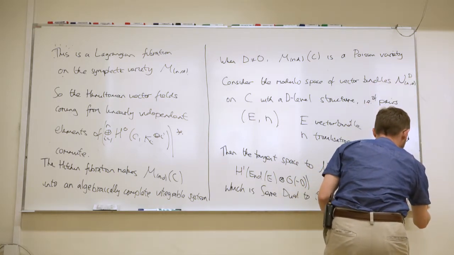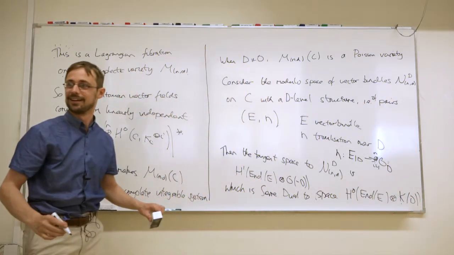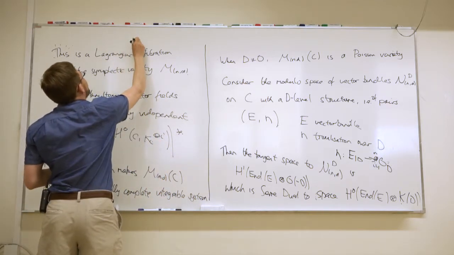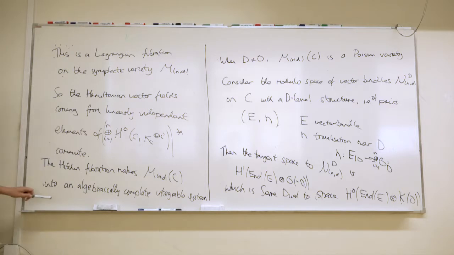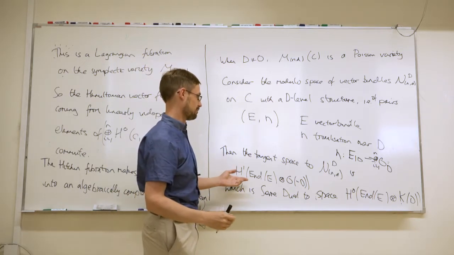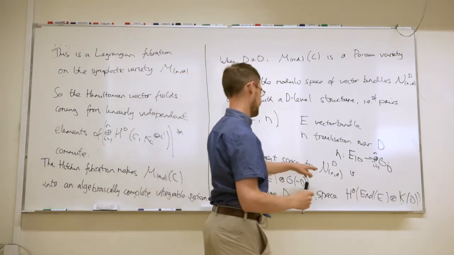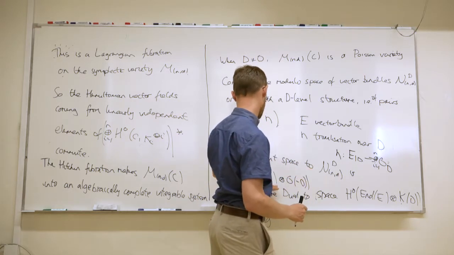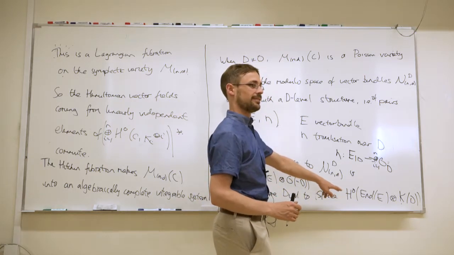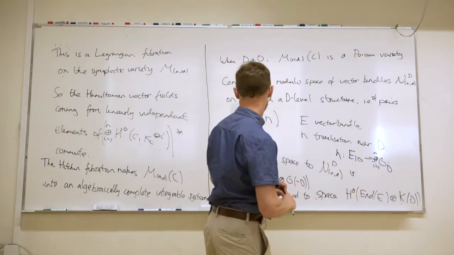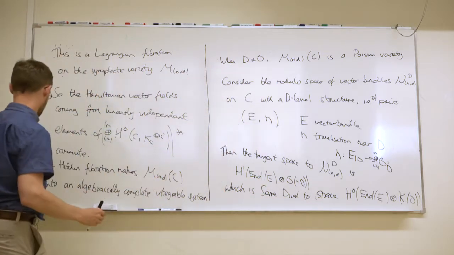I apologize if I use K and omega interchangeably. Okay, so this allows you to think of some bigger space, whose tangent space, at least at a stable point, a smooth point here, is exactly dual to the space of D-twisted Higgs fields. Okay, so there's this larger symplectic space.